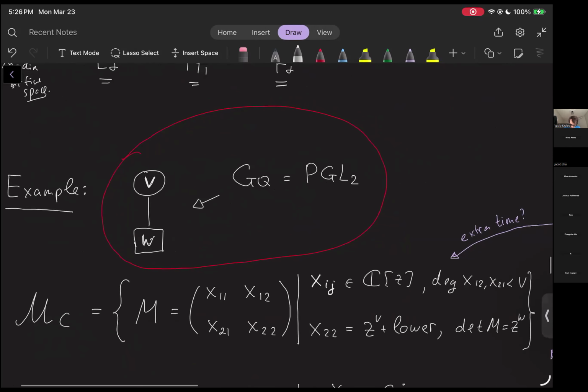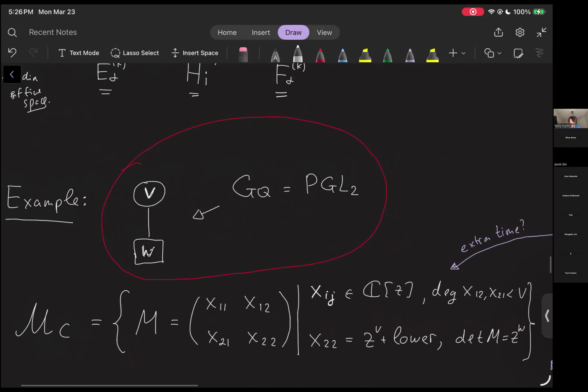This Coulomb branch just consists of 2 by 2 matrices that I denote like this, with entries being polynomials in Z, such that the degree of x12 and x21 is less than V. So that's our V. And x22 starts with Z to the power V plus some lower terms. And the determinant of this matrix is Z to the power W. So that's the only place where the W appears.